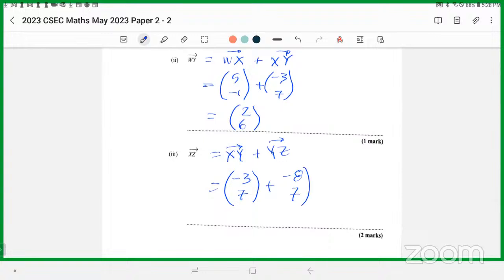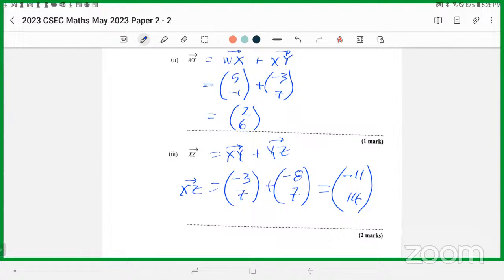I like this question. And so the answer of XZ is therefore negative 3 and a negative 8 is negative 11, and 7 and 7 is 14. That is the answer. What are we going to do next?